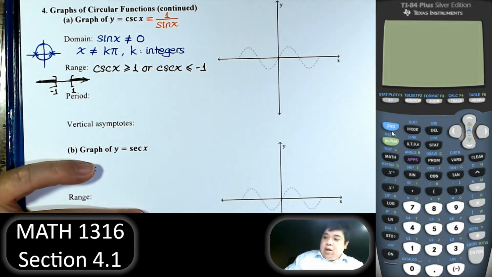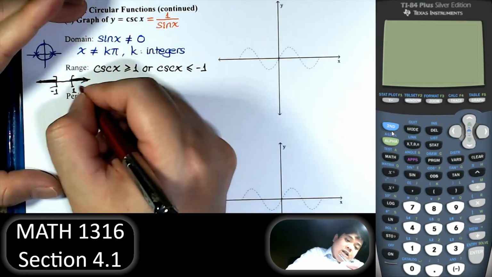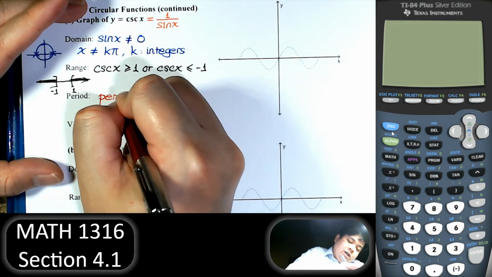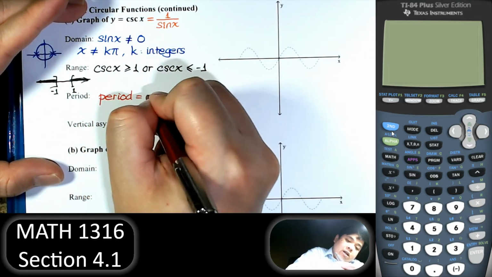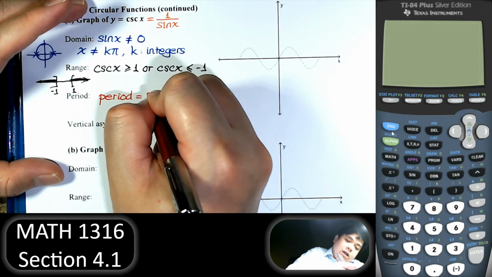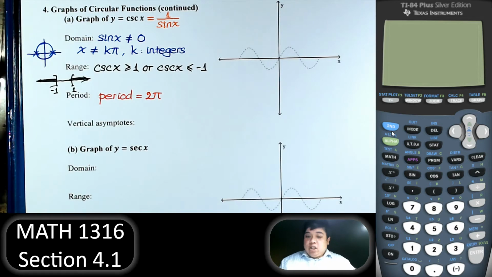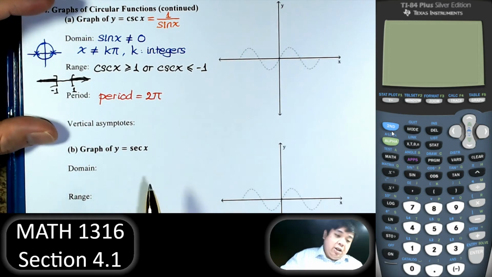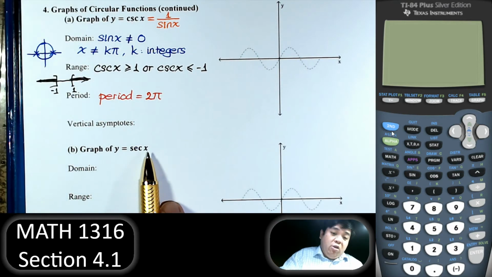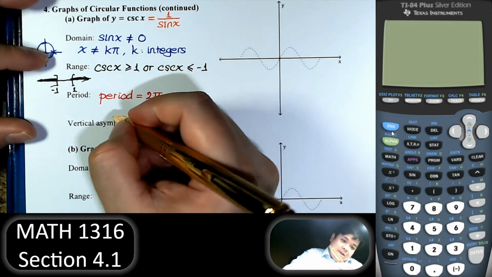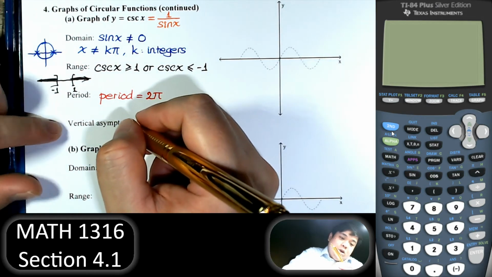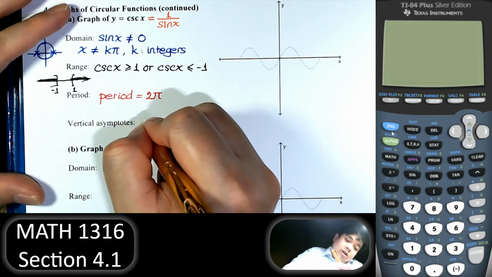The period, we talked about this. This is similar to sine, cosine. The period is 2 pi. And the asymptote will be similar to what we had earlier. The asymptote, the vertical asymptote, is where the function is undefined.